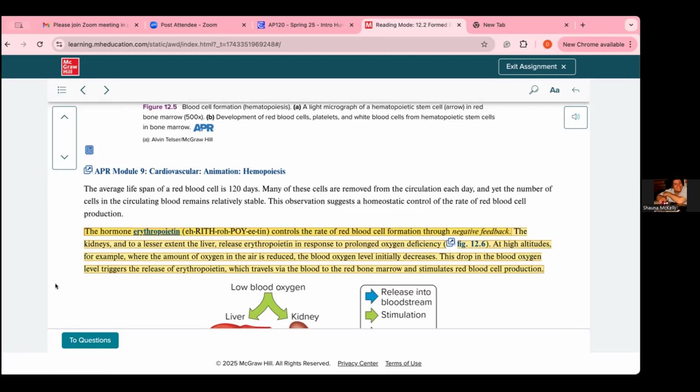This drop in the blood oxygen level triggers the release of erythropoietin, which travels via the blood to the red bone marrow and stimulates red blood cell production. Okay, but I need to know something about the vitamins that make up blood. So we need to keep going.